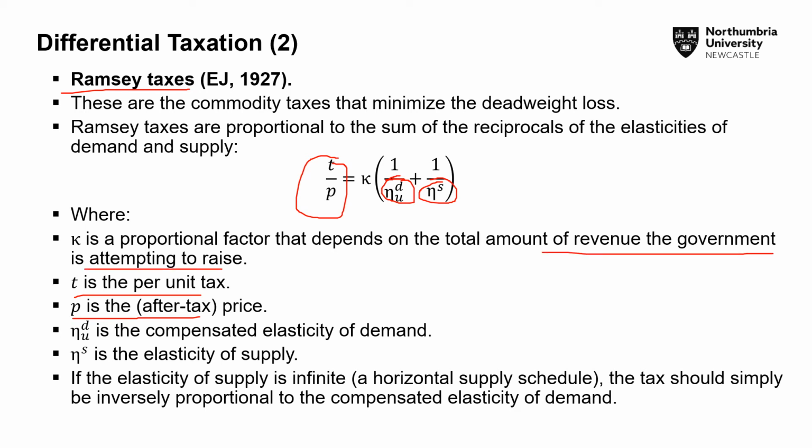But it is inversely related to the elasticity of the compensated demand curve and also the elasticity of supply. So these two terms here, the sum of these two terms. So note the K is now in the numerator, and these elasticities will be reflected in a denominator, assuming that we are using values instead of notation.